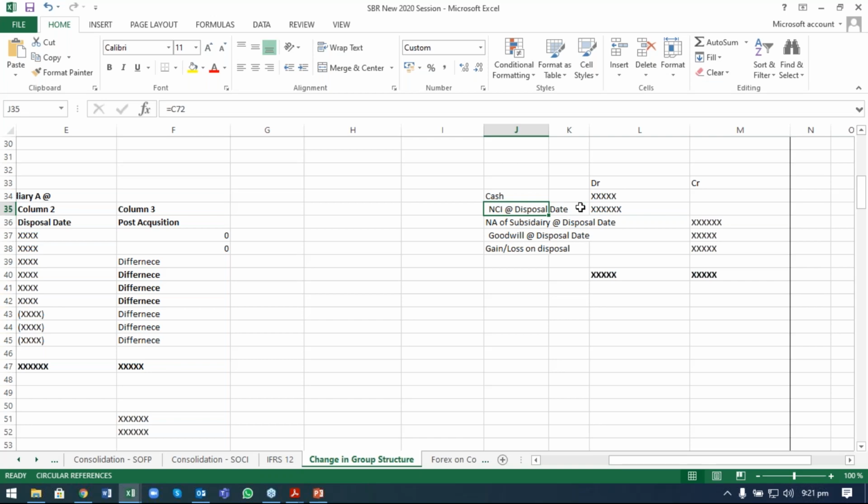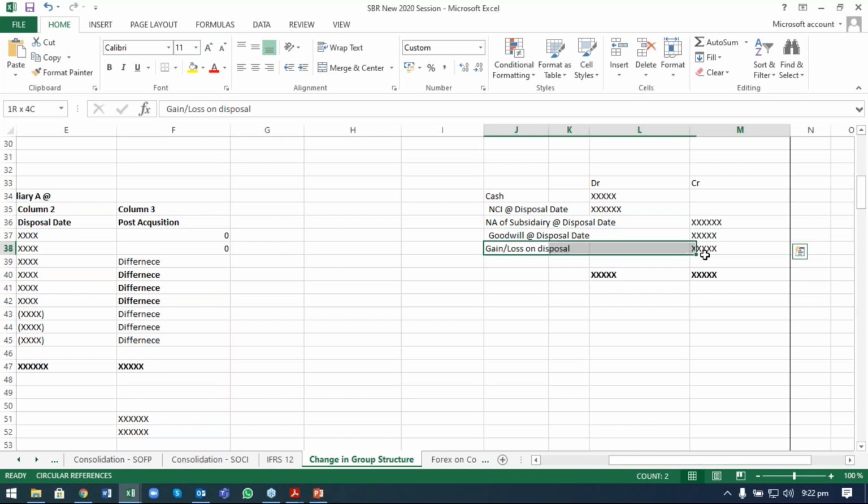The net assets of the subsidiary are debited in the group accounts in the balance sheet. So if you want to remove the net assets of the subsidiary on the disposal date, you have to credit those. The last thing is goodwill. Goodwill is always an asset of the company. So once you are going to dispose of the goodwill, we have to credit it, because on acquisition this goodwill was debited to the group accounts, and if you dispose of it, you have to credit it.